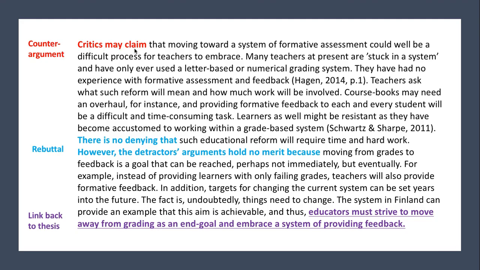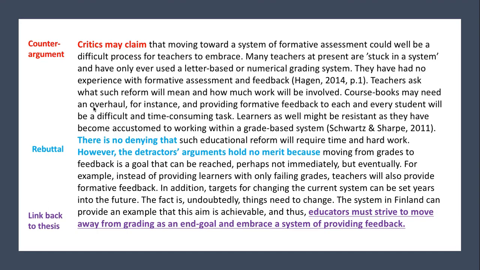Well, critics may claim that moving toward a system of formative assessment could well be a difficult process for teachers to embrace. Many teachers at present are stuck in a system and have only ever used a letter-based or numerical grading system. They have had no experience with formative assessment and feedback. Teachers ask what such reform will mean and how much work will be involved.